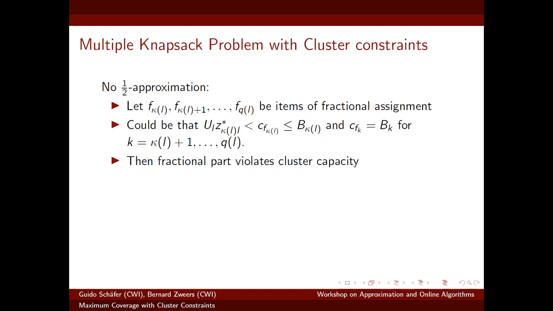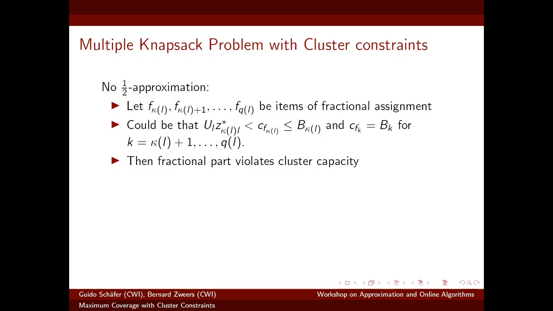It could be that the fractional assigned item to the critical knapsack is definitely not more than the budget of the critical knapsack, but it could be more than the reduced capacity of the knapsack. And if all other knapsacks have an assigned item whose cost is exactly the budget, then the fractional part violates the cluster capacity.